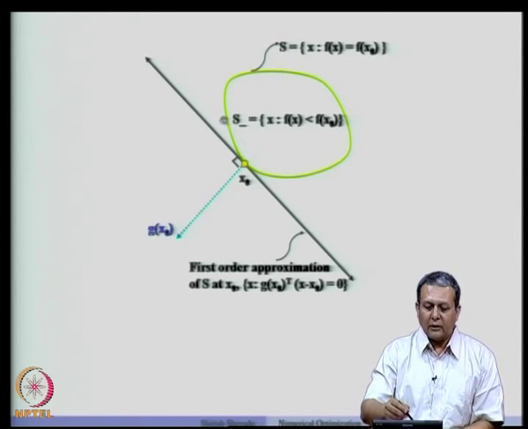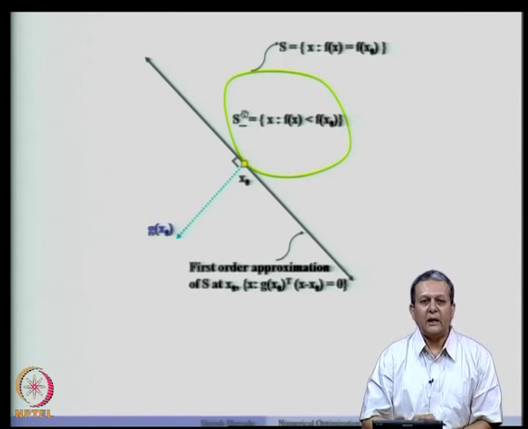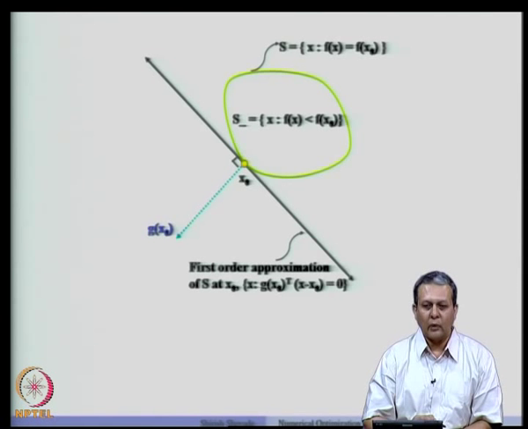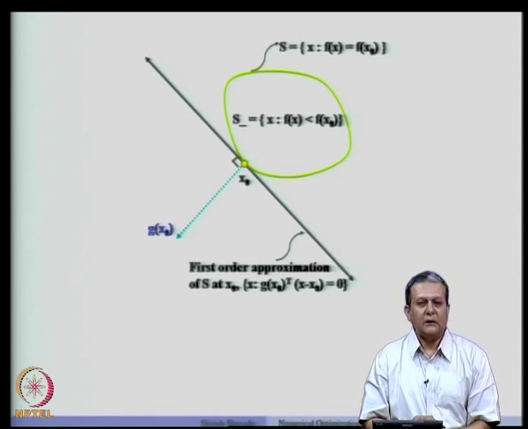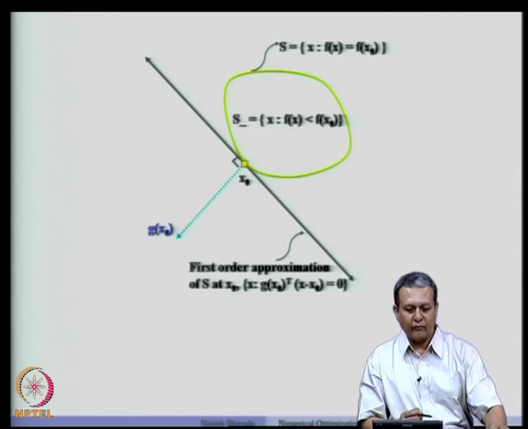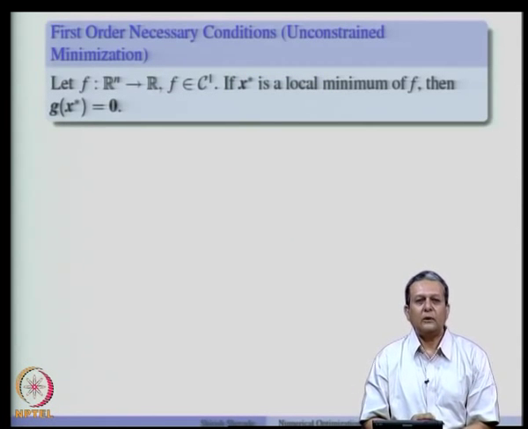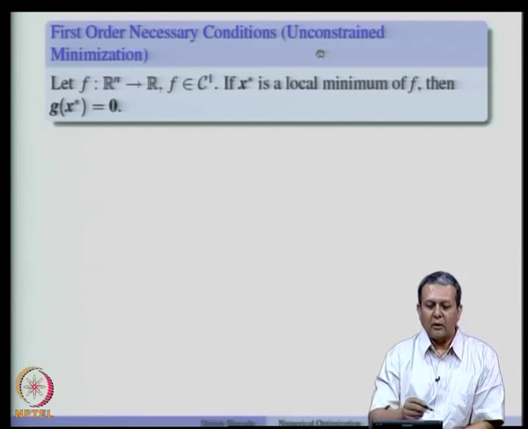So, you will see that there exist many directions along which if we make a movement, the value of the function would decrease, and we will see a result which now states that a local minimum is a point where there does not exist a descent direction in the local neighborhood. That is called a first order necessary condition for an unconstrained minimization problem.